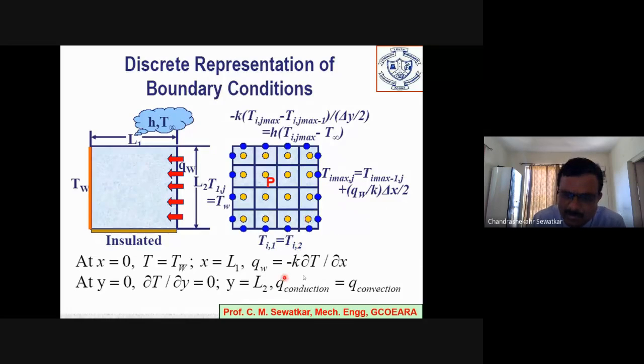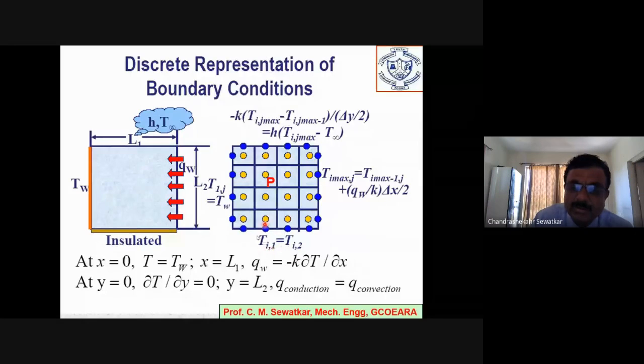In a generalized form, I can write it as Ti1, that is temperature at j equal to 1 for all i's, is equal to temperature at j equal to 2 for all i's. So this temperature difference divided by the distance between the two is equal to 0, and if I equate, I obtain this equation.